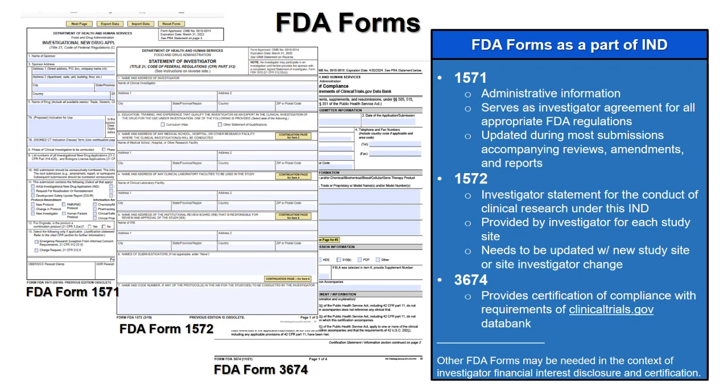Form 3674 deals with the certification of compliance with the requirements of the clinicaltrials.gov data bank. Other FDA forms may be needed for investigators' financial interest disclosure and certification, which can be discussed with the sponsor investigator support. Next slide, please.